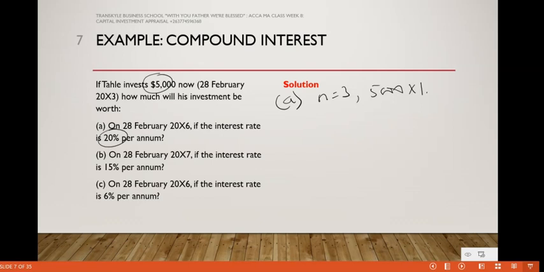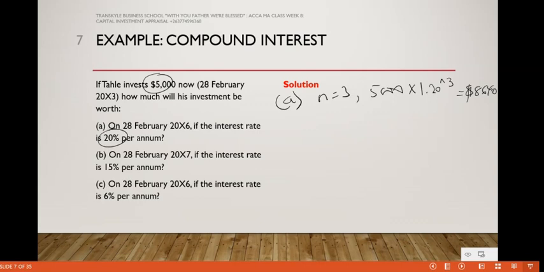So that is 1 plus R, that is 1.2, to the power n, which is 3. And we are going to get almost about 8,640.